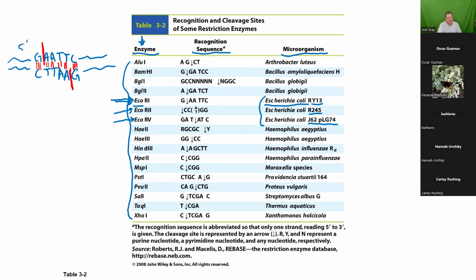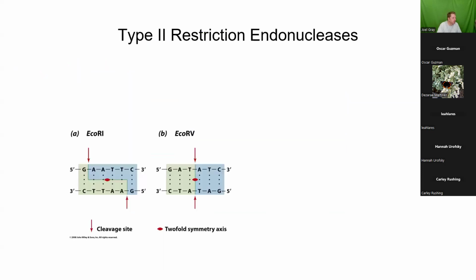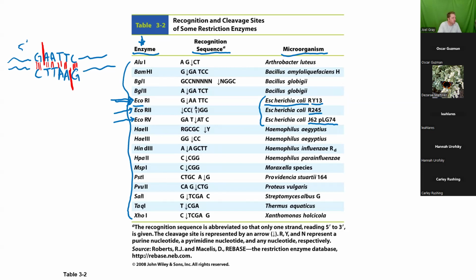And I always like to think about phosphodiester linkages as the really strong bonds within a DNA molecule. These hydrogen bonds right here are not as strong.